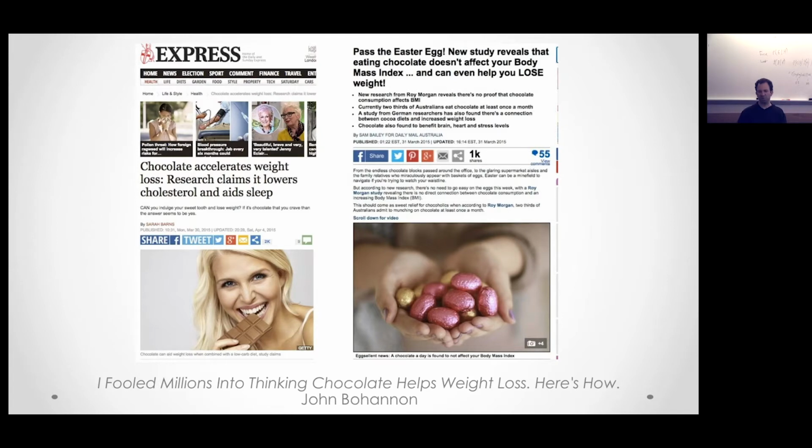This is a beautiful example of that, and the article is worth reading. What happened here is the journalist collaborated with a German researcher, a real researcher who worked at a German medical school, and they did a real scientific study with all of the standard protocols of feeding people chocolate and then measuring a bunch of variables.